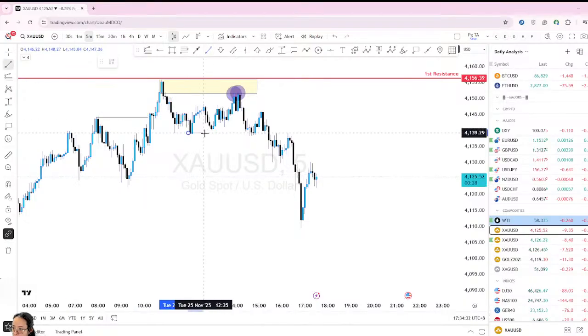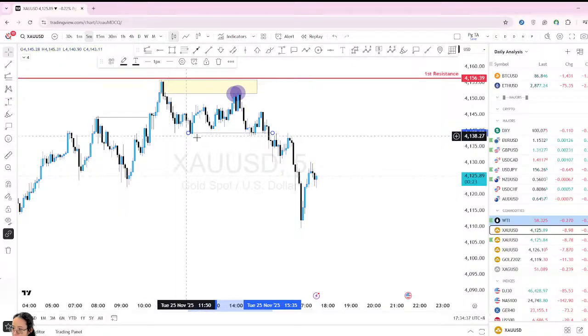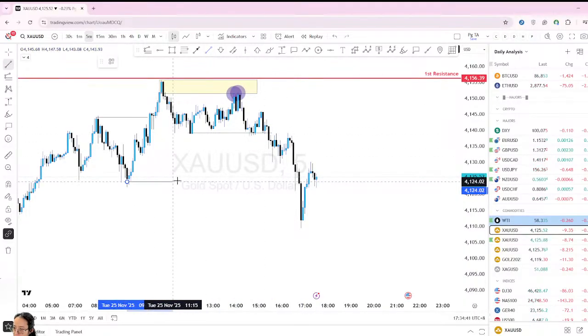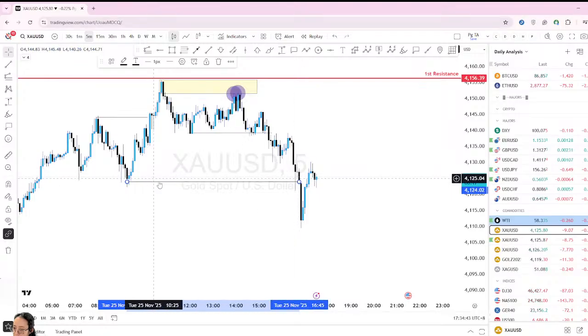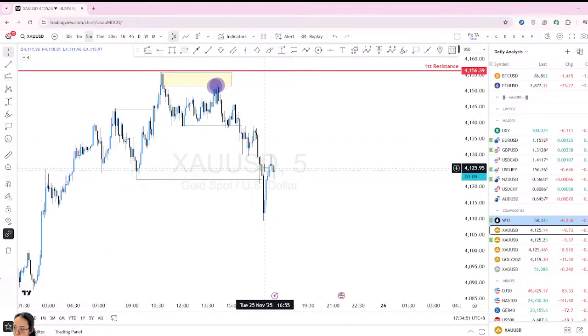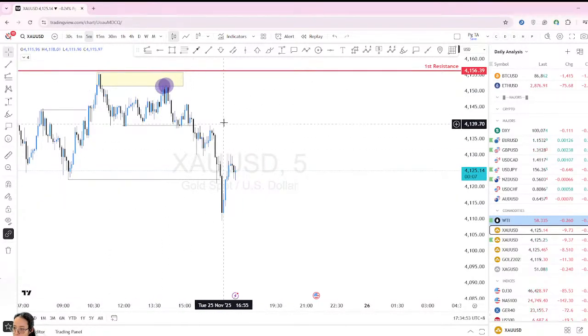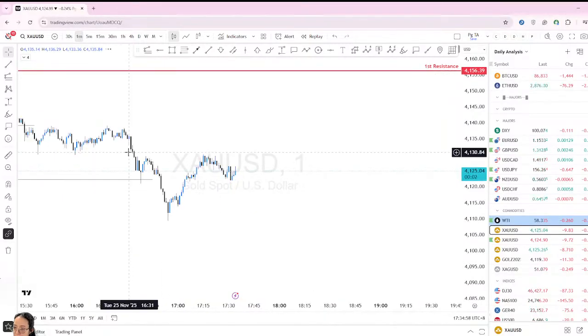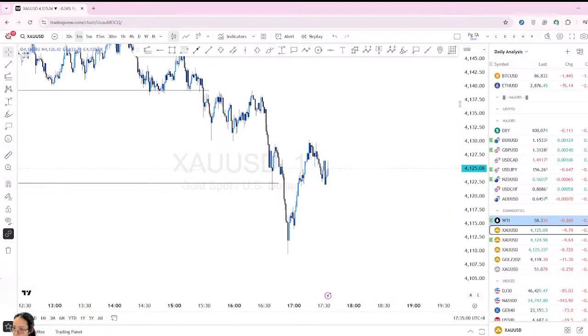They could not close below 4139 before they decided to break below. Also, price closed below this change of character, broke below this swing low, and after that continued to make lower lows and lower highs. So this is the chart pattern in M1, the double top.